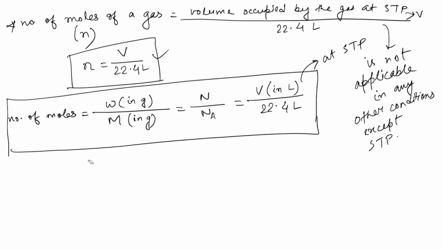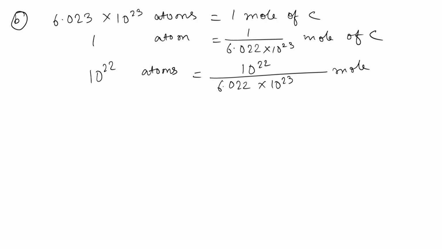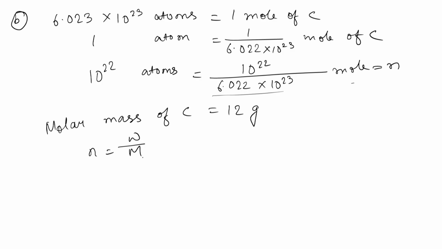So, we have this equation. Okay. Number of moles is equal to the given weight divided by the molar mass. So, the molar mass of carbon is 12, we know that. Molar mass of carbon is 12 grams. So, we have the number of moles, that this is N. Okay. N equal to W by M. We have N, we know M, we need to find out W. Okay.